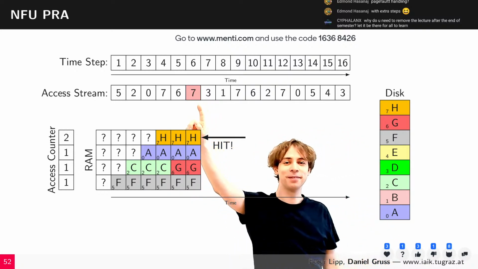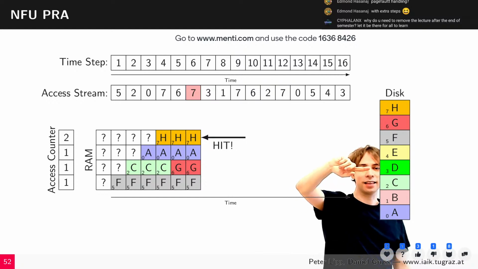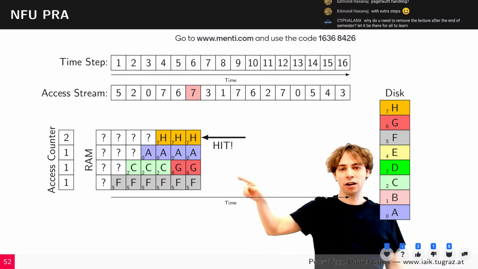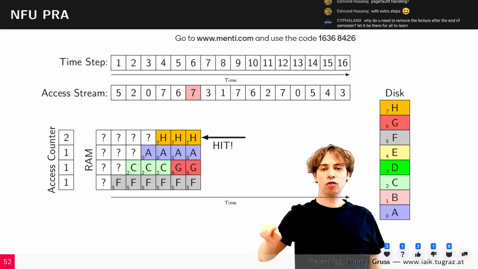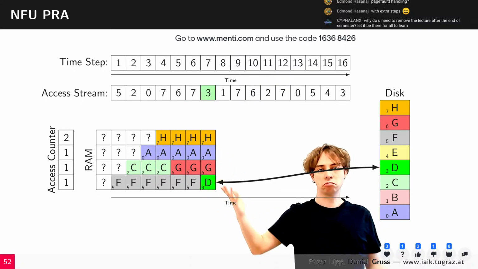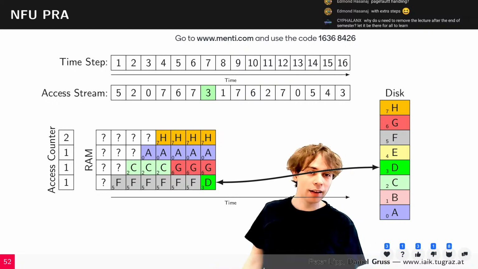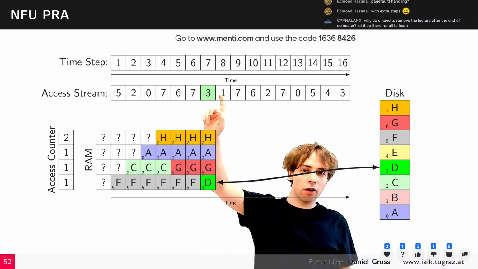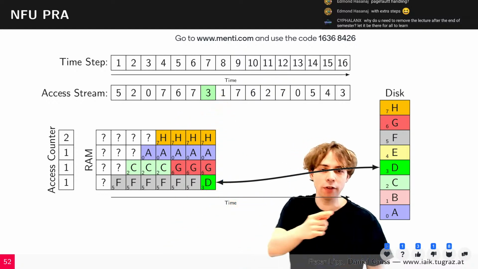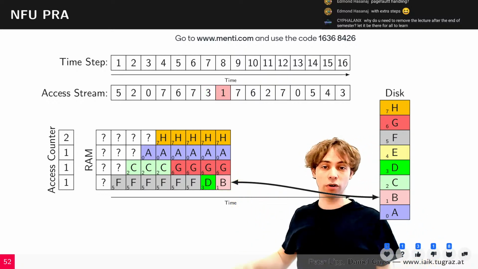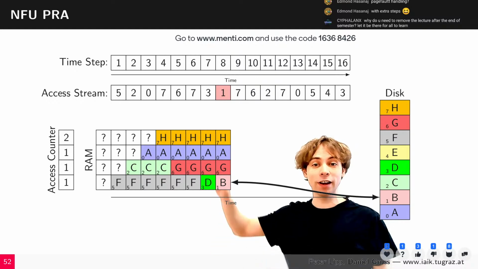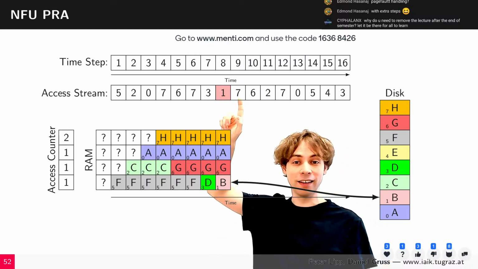Offset 3 is this page, and we are putting it in one of these 3 here. Which one do we choose? Let's maybe pick this one. Random, right? And the next access, offset number 1. Maybe it goes to this location here. Sure, why not?